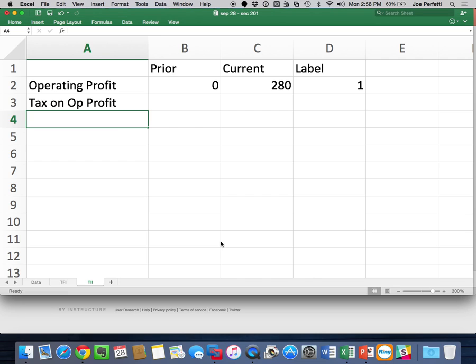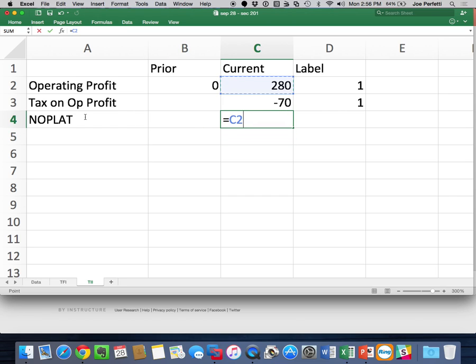So what would happen is we would pay minus that times 0.25. We would pay 70 in taxes if we reported just 280 in operating income, operating profit, assuming a 25% tax rate. So a quarter of that would go to taxes. And that would then get us our NOPLAT, also known as NOPAT, which is the operating profit minus the taxes.